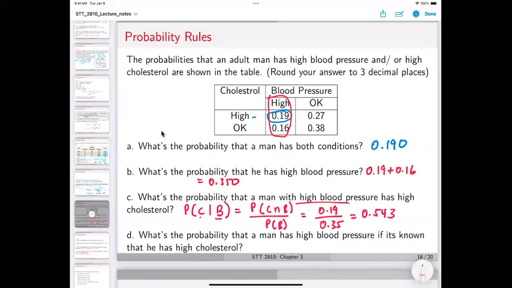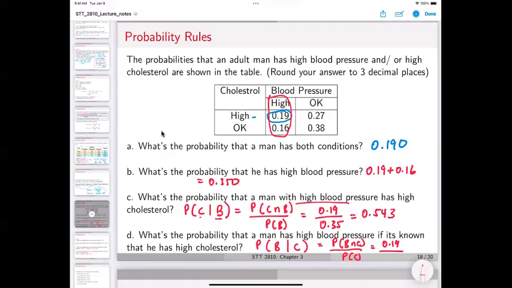Now let's look at the last one. What's the probability that a man has high blood pressure if it's known he has high cholesterol? We already know that you have high cholesterol, and now we are looking at whether you have high blood pressure. So this is also the same as P of B and C divided by P of C. Same 0.19, divided by the probability of high cholesterol, which is 0.19 plus 0.27.